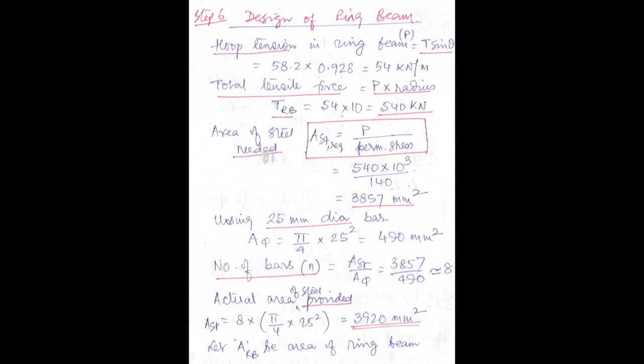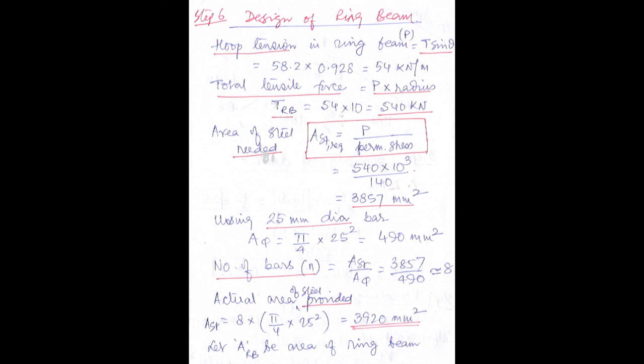So number of bars needed is total area divided by the individual area. So 3857 divided by 490, that gives us 8. Actually it does not come as a whole number 8, but we are approximating it as 8.